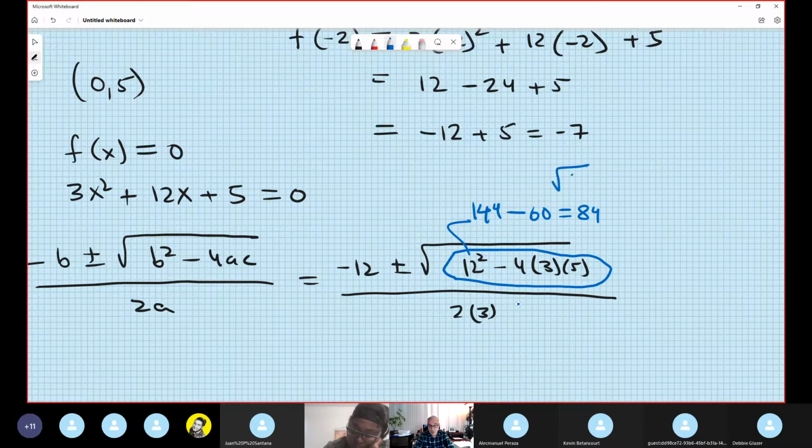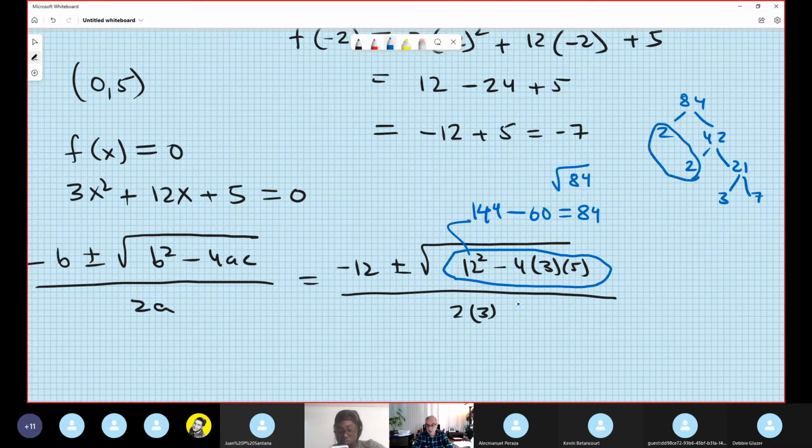And the square root of 84 is, well, something. You break 84 down into 2 times 2 times 21, and 21 is 3 times 7. The only possible simplification is the pair of 2s, which comes out of the radical, and 21, which is 3 and 7 together, stays inside the radical.